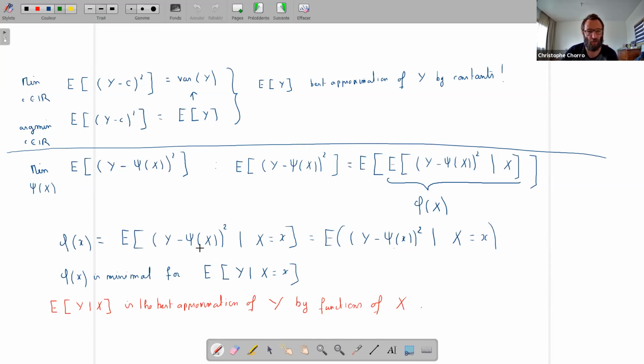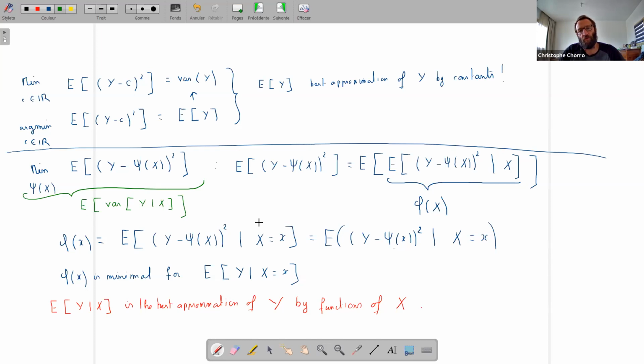And the minimum of this quantity will be obtained, if I replace phi of x by the conditional expectation of y given x, as the expectation of the conditional variance of y given x. So in the first case, I have said that my best approximation by a constant is the expectation, and the quality of the approximation is given by the variance.